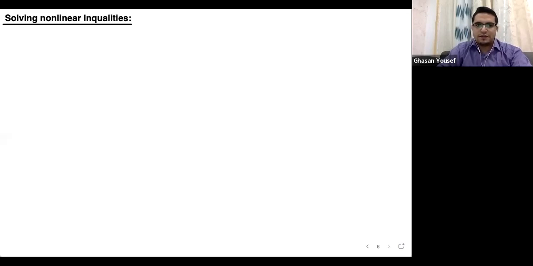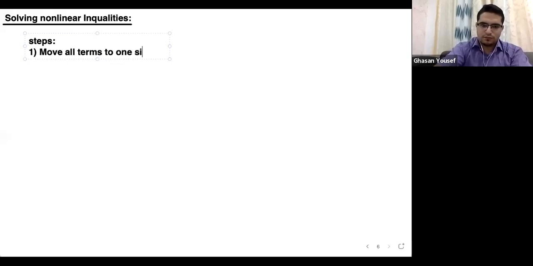So here we have some steps for solving a non-linear inequality. First, we have to move all terms to one side of the inequality.